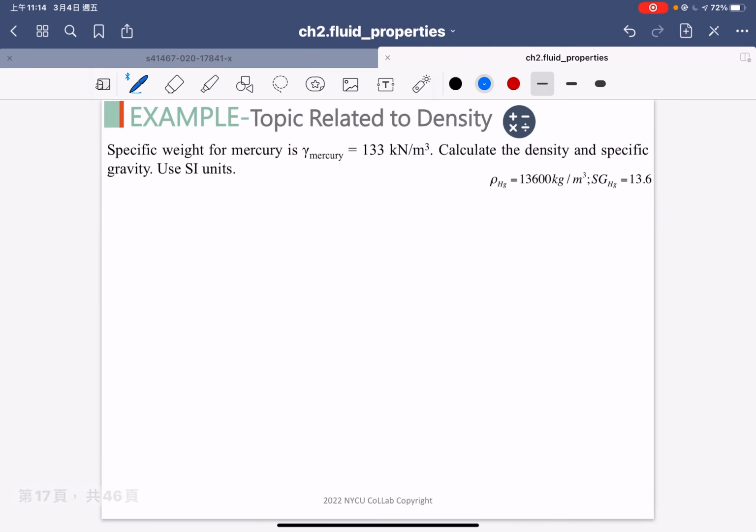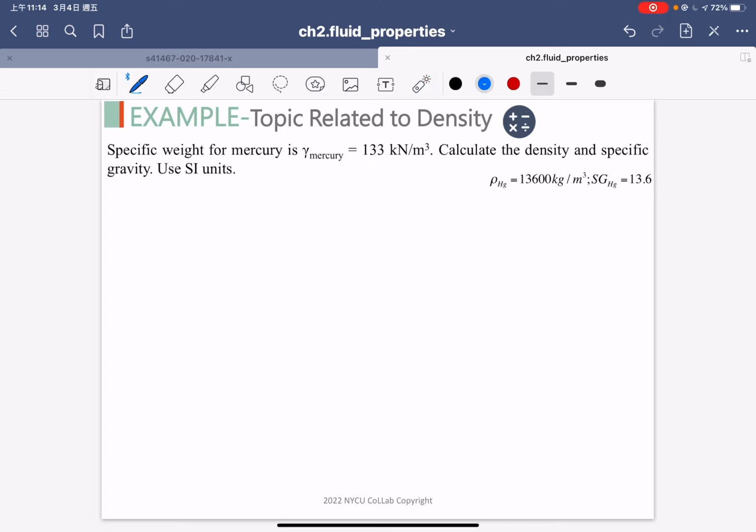Okay, so this is just a very simple exercise. We take a look at the question first. The specific weight for the mercury, gamma, is 133 kilonewton per cubic meter. Please calculate the density and the specific gravity, using SI units.